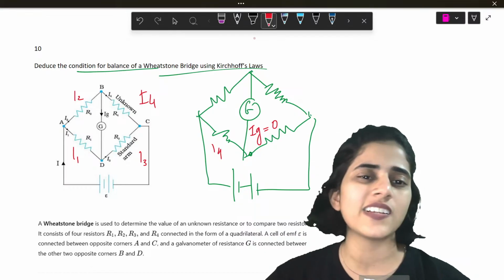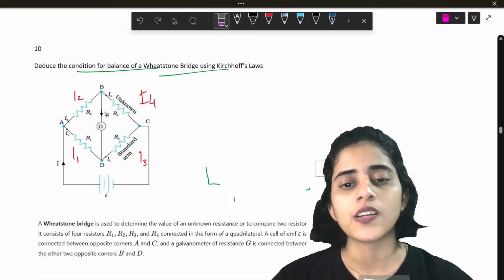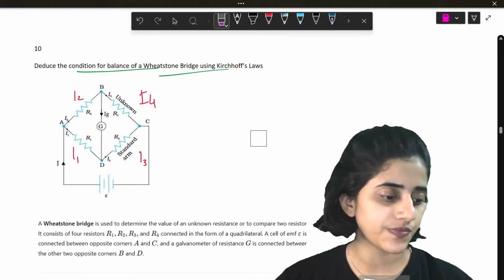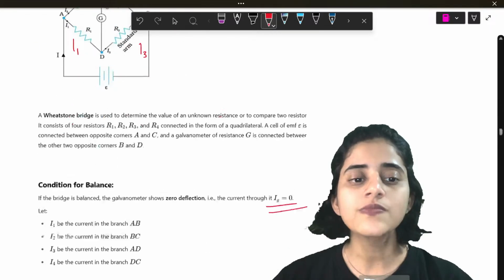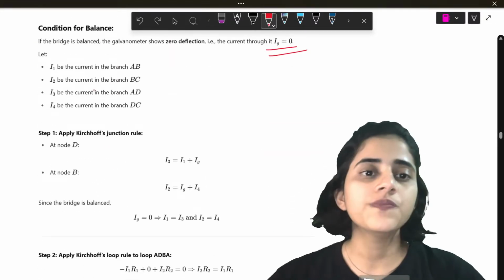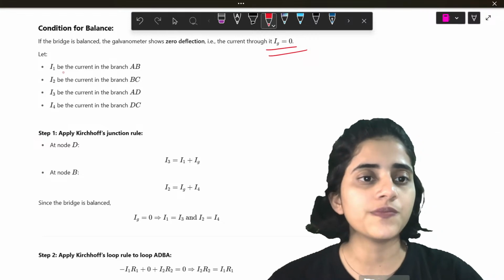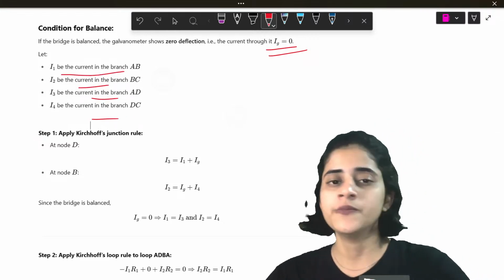Why do I need two same pictures? It's just the same, so I will erase this. I1 is the current across branch A, B, B, C, A, D.